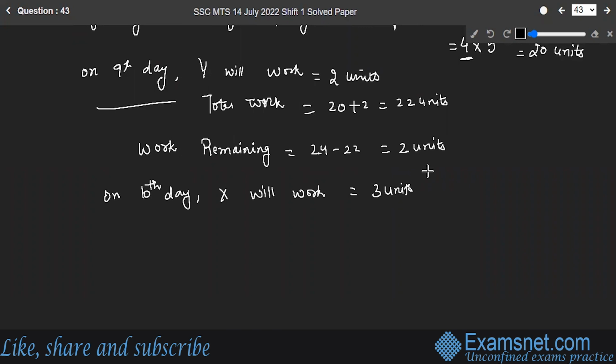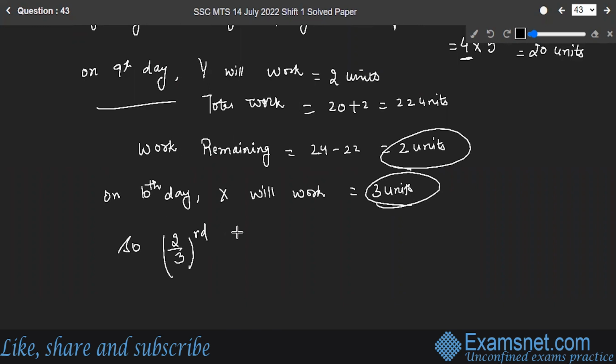The required work is 2 units, and X has the capacity to do 3 units. So how much of the day will be consumed? 2 by 3 part of the 10th day, the work will be completed.